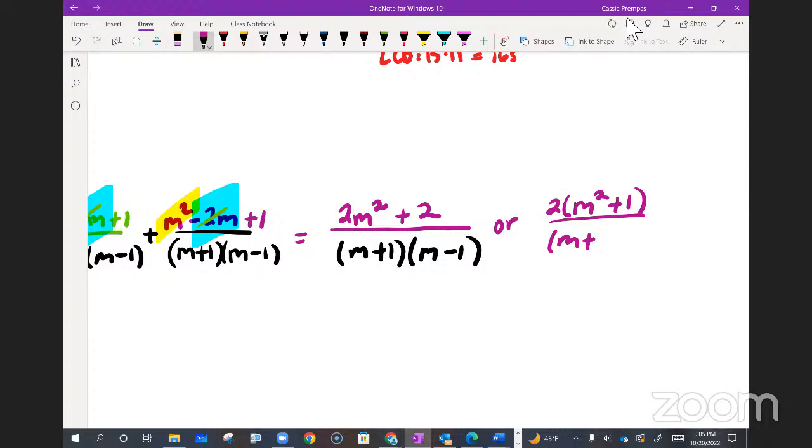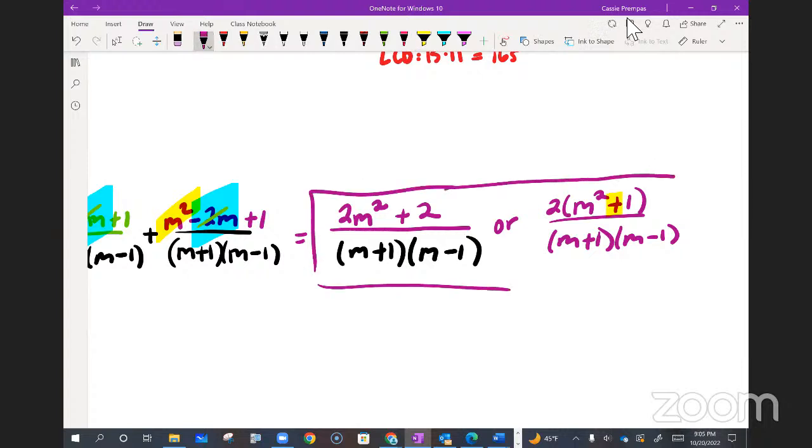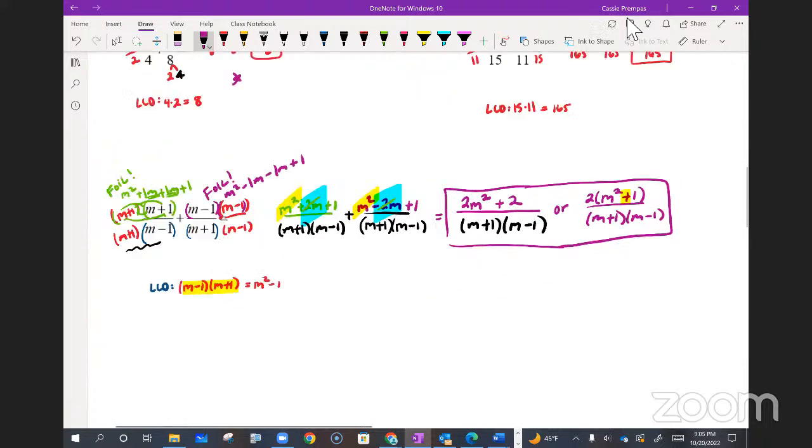But as I'm viewing this, hopefully you remember from the last unit, if there's a plus sign in between two perfect squares, you cannot factor. So either of these answers are good because the fraction does not have any common factors in the numerator or denominator. So we've simplified and we are finished.